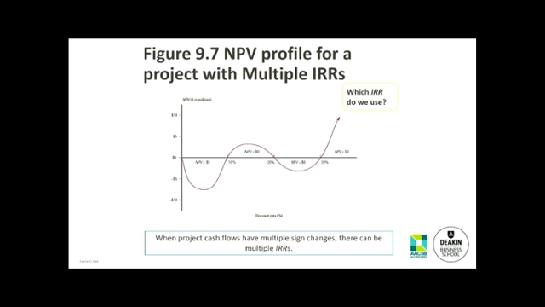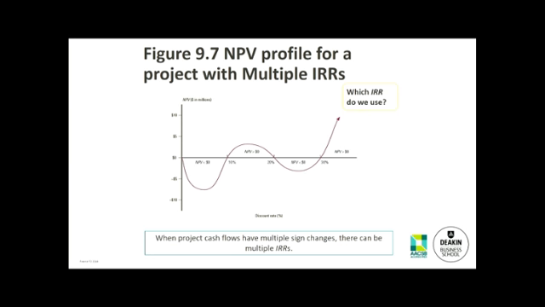The rule is very simple. The number of sign changes of your cash flow equals the number of internal rate of return you will have. Listen carefully. For a conventional cash flow, it means cash flow 0 is negative. Am I right? Because cash flow 0 is your initial investment. Then first year cash flow is positive, $1.